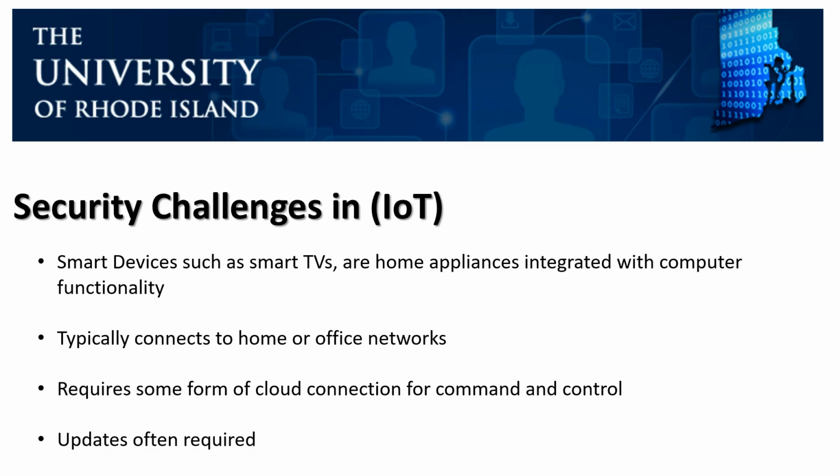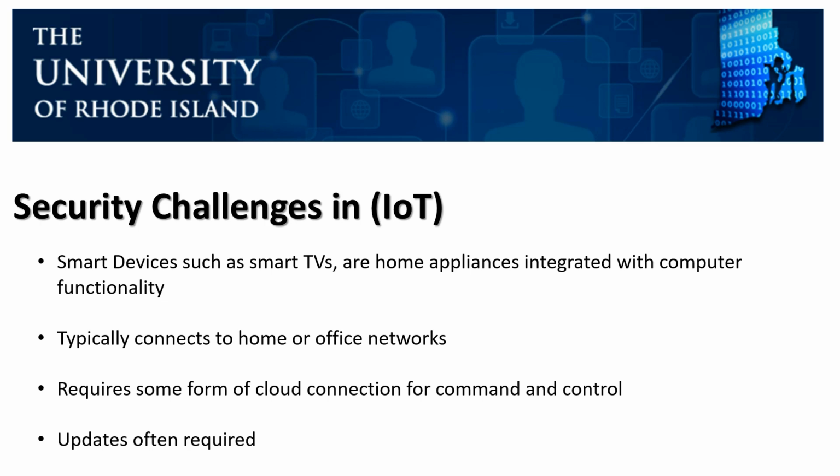That is not made available to the user. All smart devices require some kind of network connection and cloud connection, because most of the command and control usually resides within a cloud somewhere. That makes them vulnerable to a lot of security issues, and they often require updates where we are not aware of what these updates might do and how they might hurt our system, so to speak.